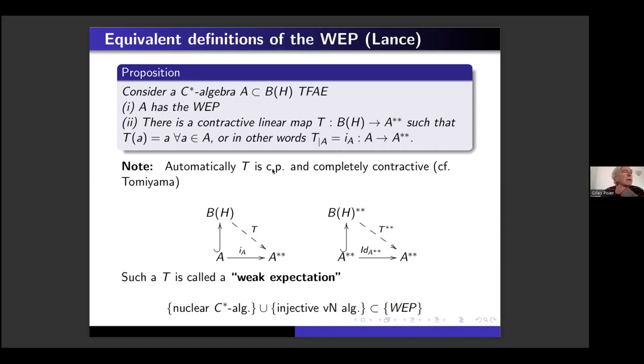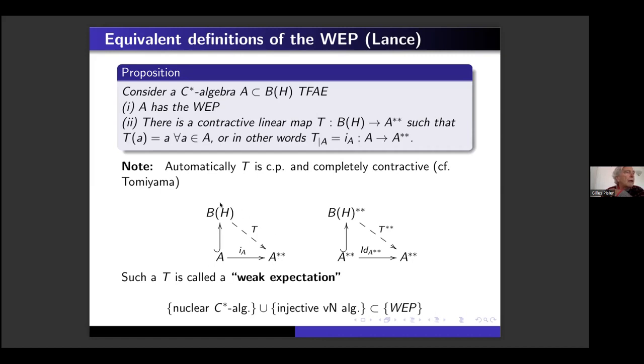Now, these maps T are the origin of the name weak expectation property, because such a map T is what is called a weak expectation. And you see, it's a curious map.